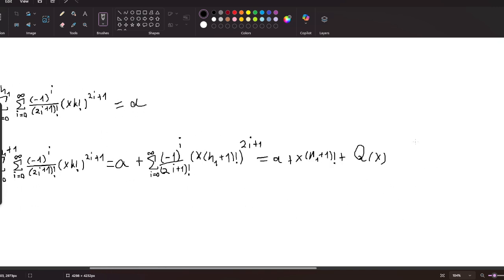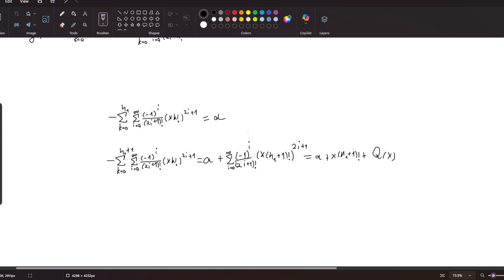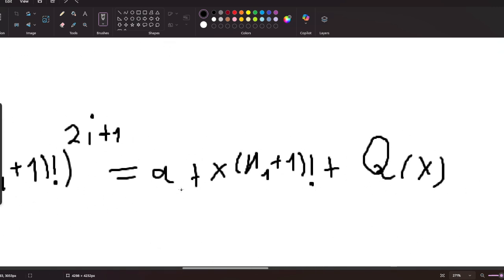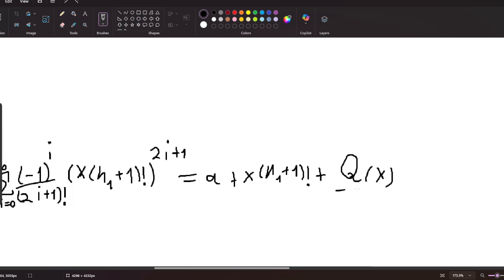Alright, so what we can see is we're essentially adding to this thing x times n1 plus 1 factorial plus some other thing.